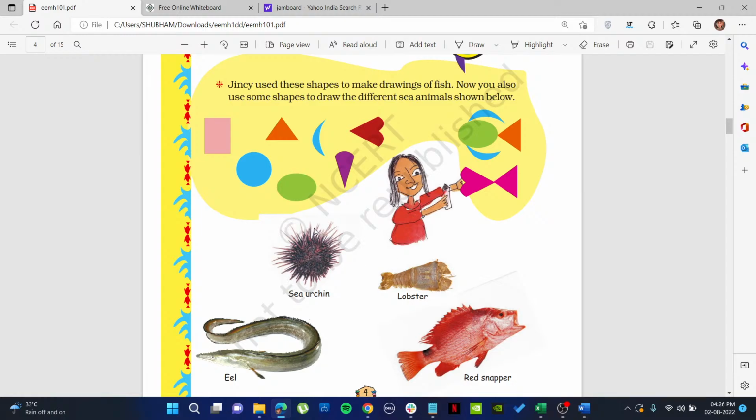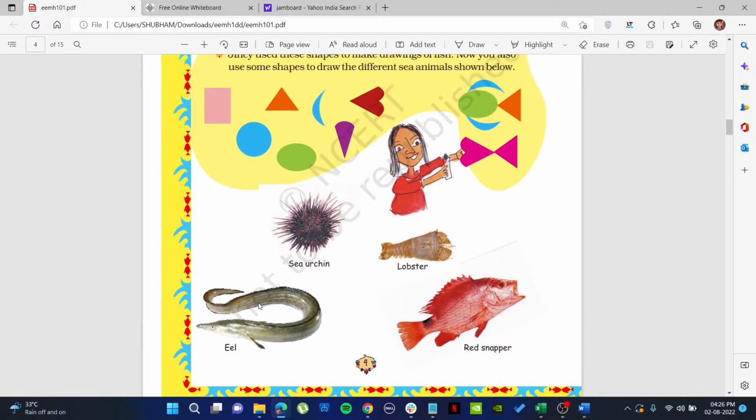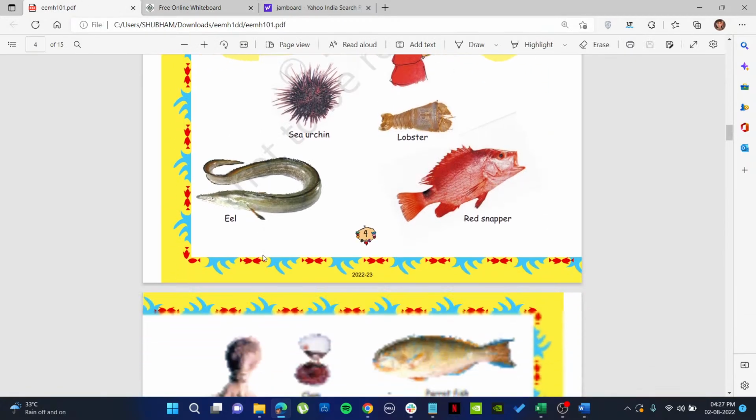Similarly, if we have to draw an eel, we can use this shape, like in this way. So this is representing an eel. Okay.